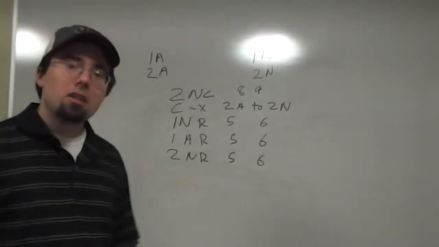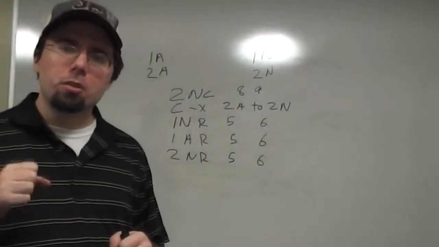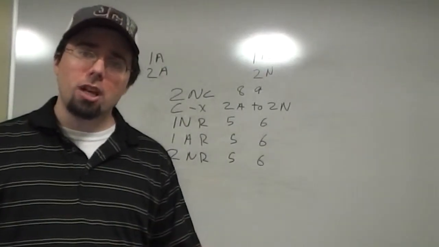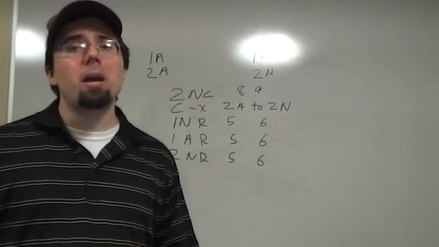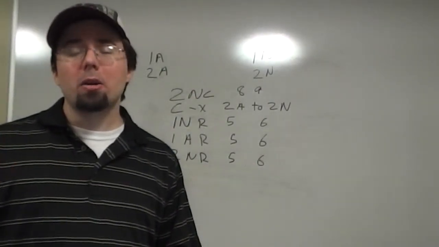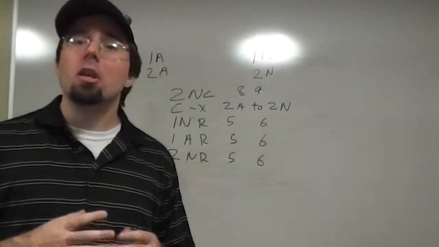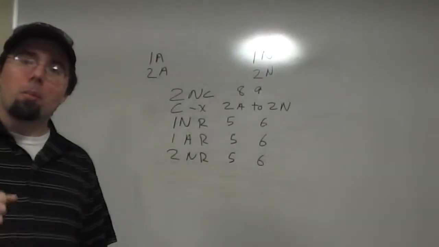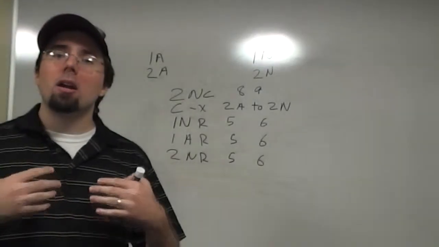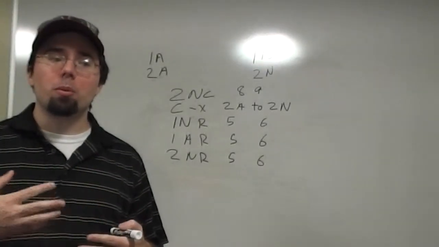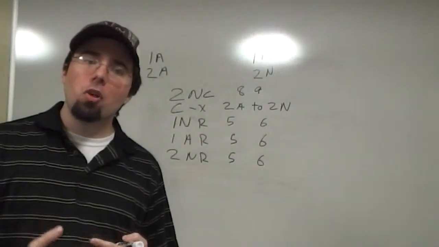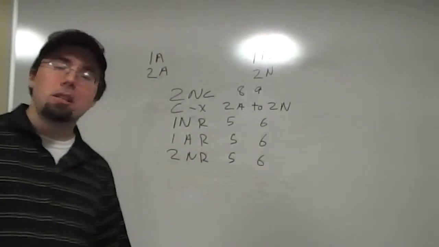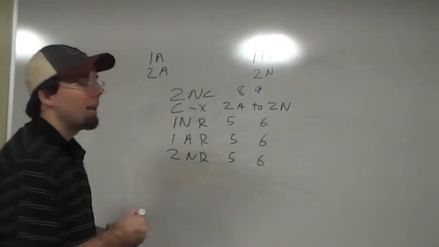The 2NR is where the negative has to really drive home their point that the affirmative is either not a good idea or that there is a better mutually exclusive option that could be chosen. So the 2NR is really where the point gets driven home and where the negative team will provide their final thoughts and final ideas as to why they should win that debate round.